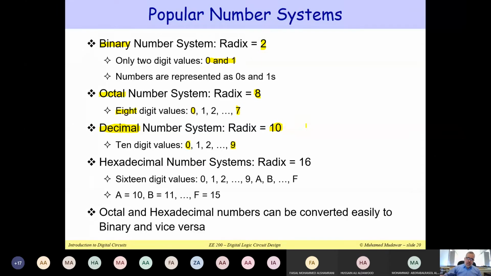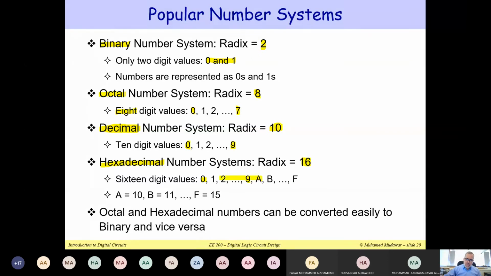We also have hexadecimal. The hexadecimal number system means that the radix is 16. Now we have 16 digits from 0 to 9. These are 10. They are identical to the 10 digits that exist in decimal. But we need 6 more because the radix is equal to 16. Since we are running out of digits, we have to use letters.